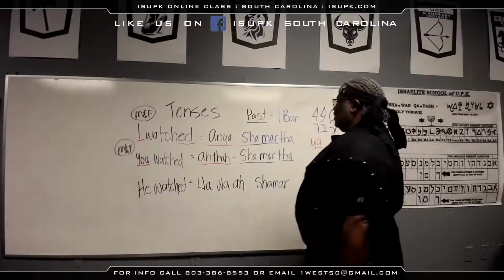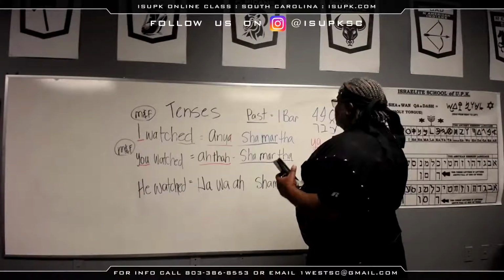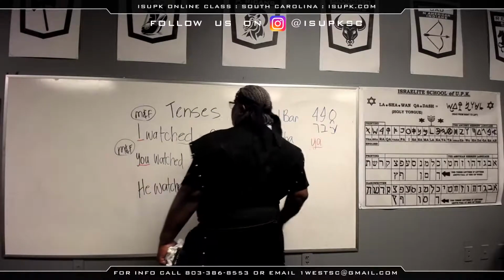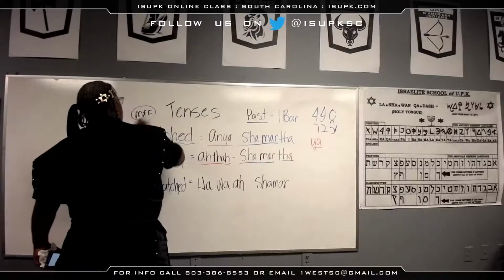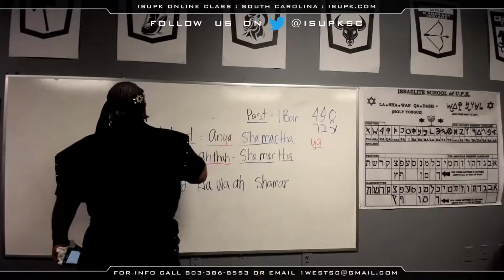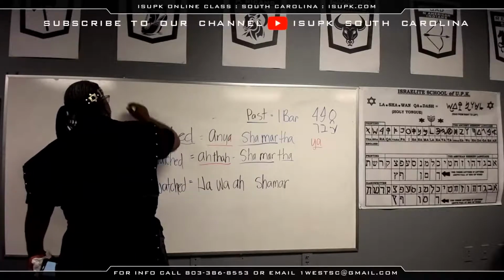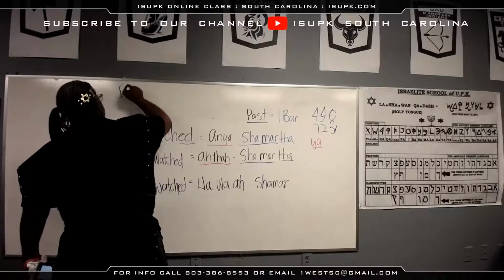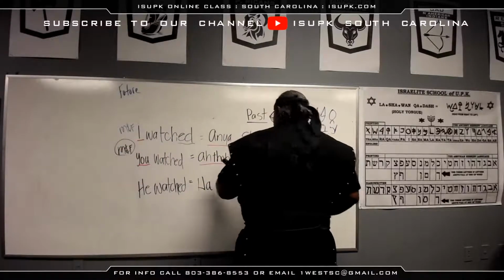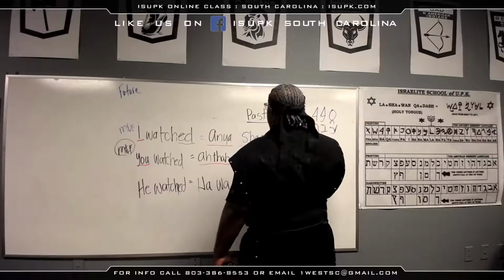Let's see if we got room here. Yeah, we got room up here. Up at the top, we're gonna do one future tense. This is masculine and feminine, of course. Let's do one in the future. You know, somebody telling you something for future. It's important. Present, past, and the future, okay?